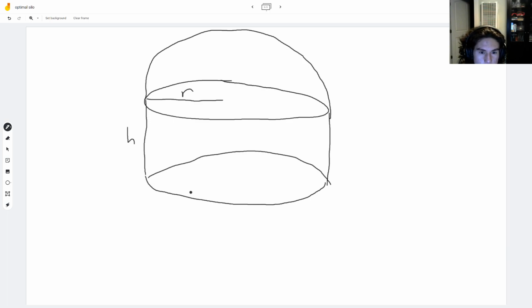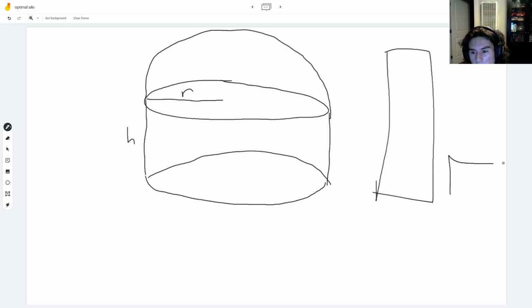Probably has a little to do with that people don't want to take up as much room in the wide way as up, because land is valuable, so they probably don't want to be making these squat silos. I think we see silos that are more tall than they are wide.